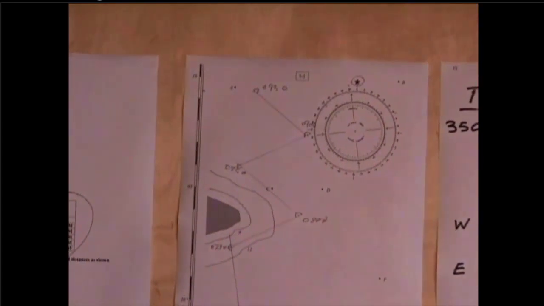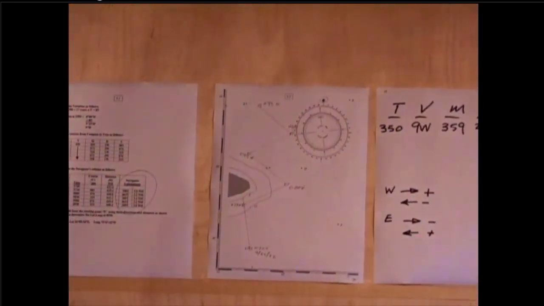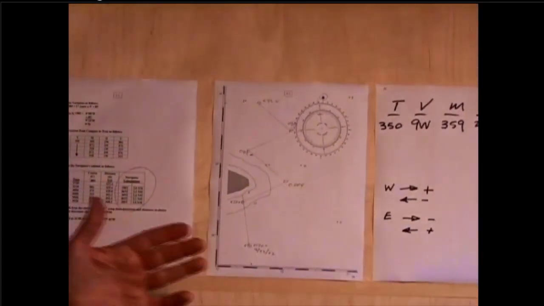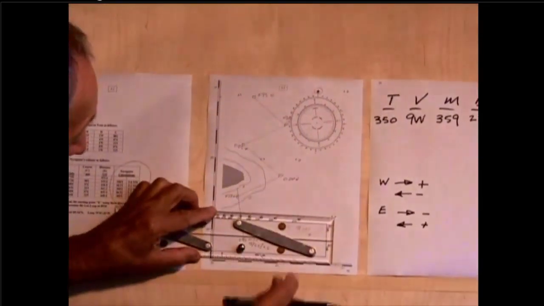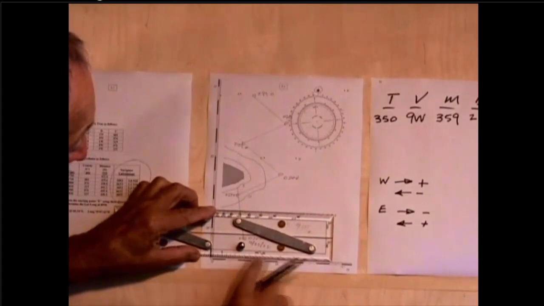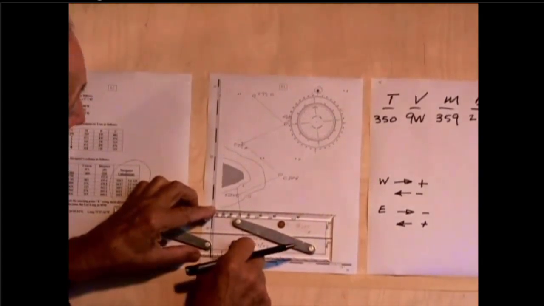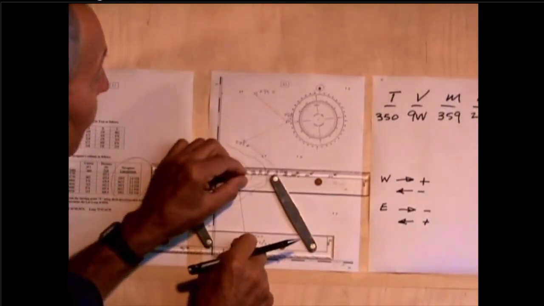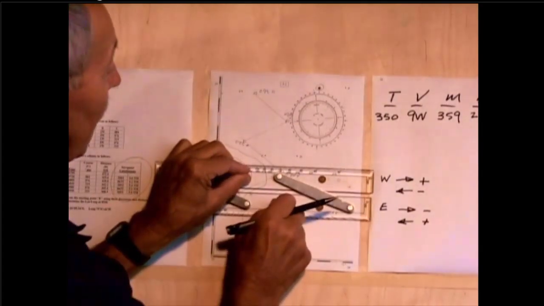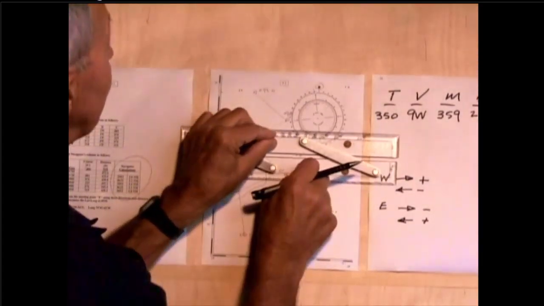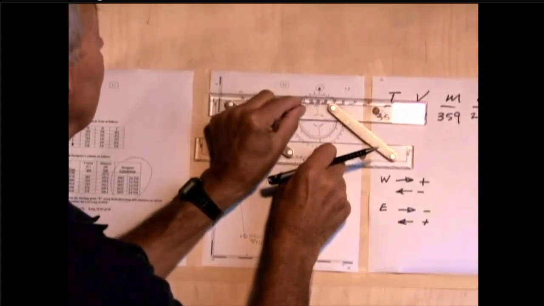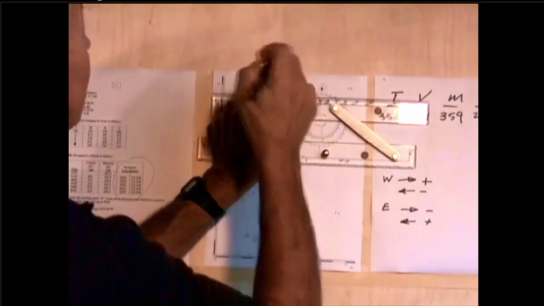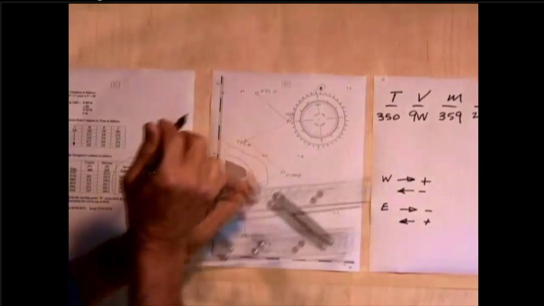Now the question is, what is your position at 0930? In order to pick up that position, what we have to do is use our parallel rules, set it parallel to a horizontal line, this longitude scale, and simply walk it up until we get to that point that we just did, and put a little tick over here.